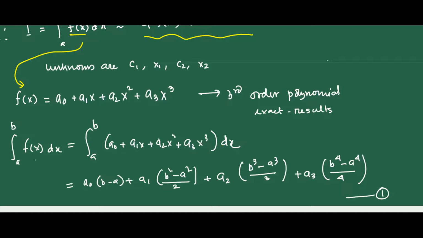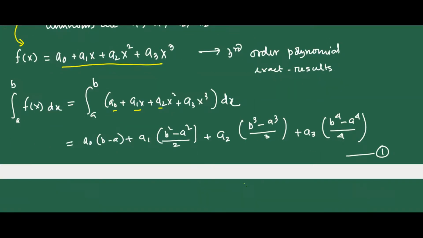If we do the integration of f(x) dx, approximating the integrand as a third order polynomial, a0 plus a1 x plus a2 x square plus a3 x cube, and integrate this, you will get a0 times (b minus a), and so on.